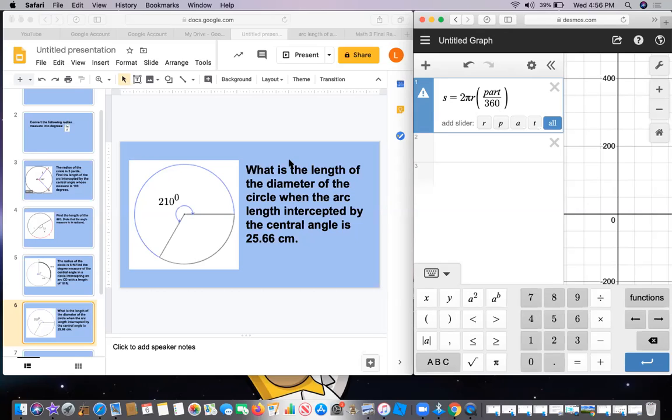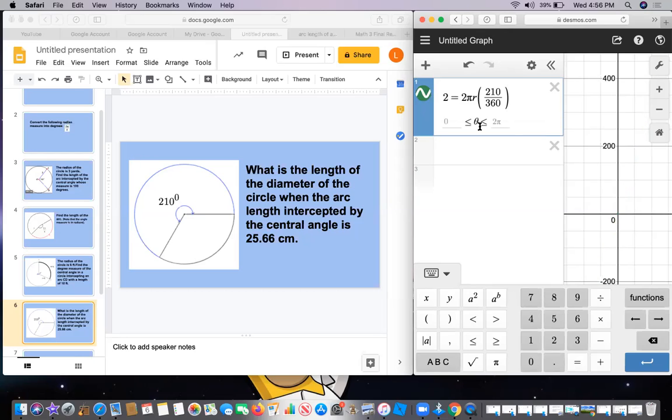And the part is you're just taking 210 out of 360. So that is 210. And then we have 25.66, which is the length of the arc, so this will go to your S.